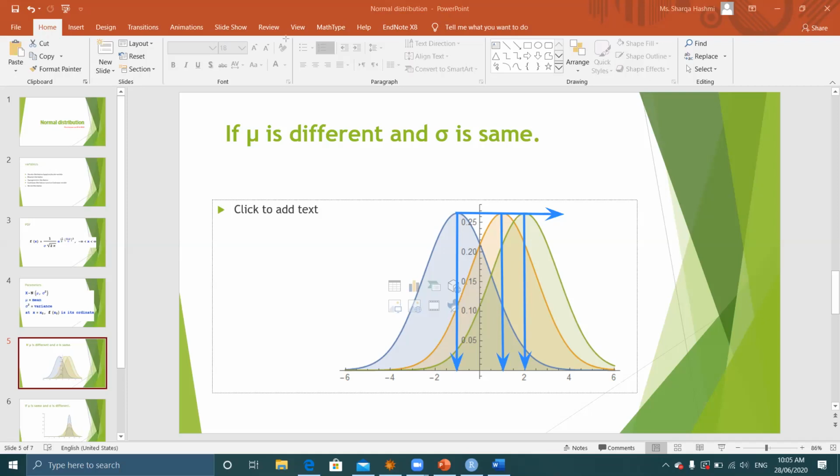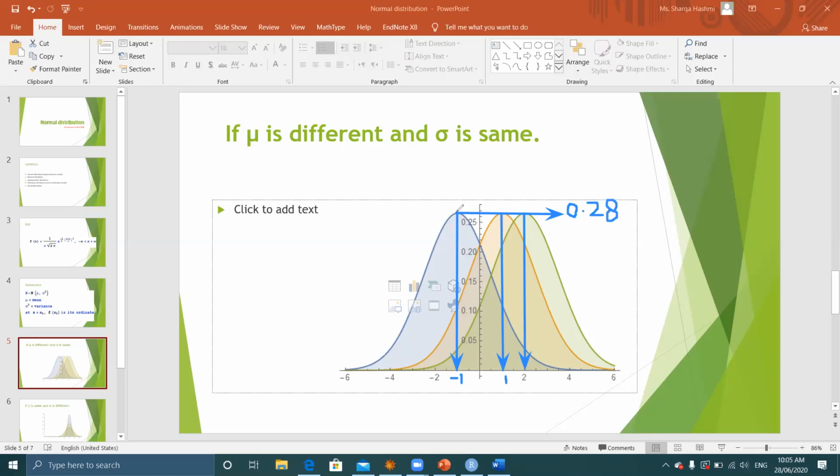For example, if I write here, this point is -1, this point is here +1, and this is 1, and height is 0.28. 0.28 is actually ordinate at a specific point.